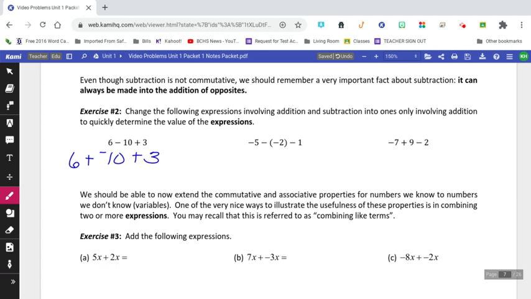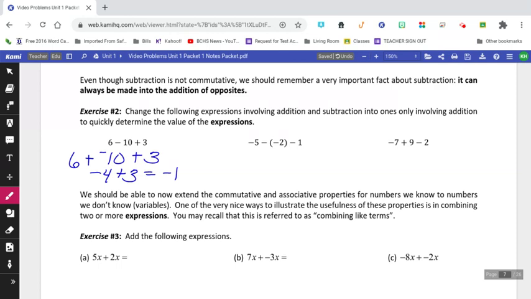So we're going to the left 10. So if we do that, we would get negative 4. And then negative 4 up 3 or plus 3 would be negative 1. Now, would you get the same answer without having changed that to a negative?